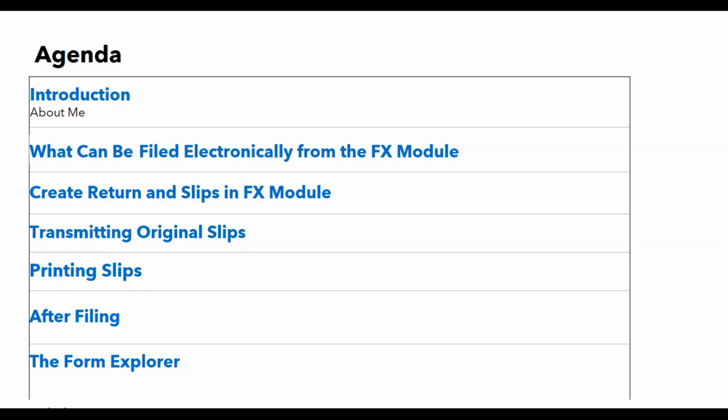We'll talk about what can be electronically transmitted from the FX module, and the required credentials to transmit slips. We'll then get into creating the slips, transmitting the original slips, printing and after filing steps, and then I'll show you how to file amended and canceled slips as well. And then lastly, we'll just go over the Form Explorer feature.